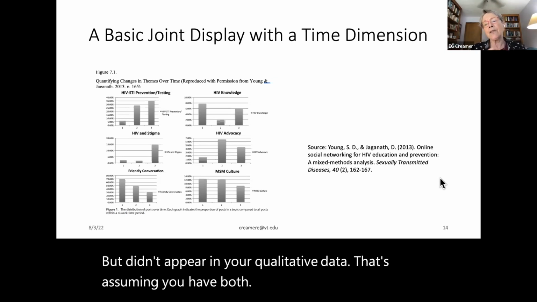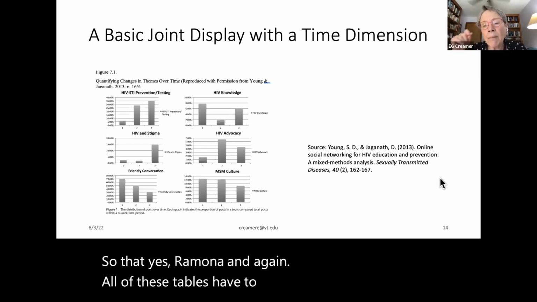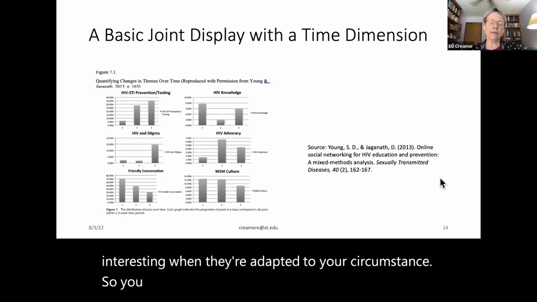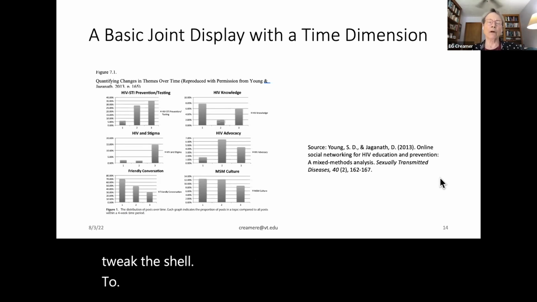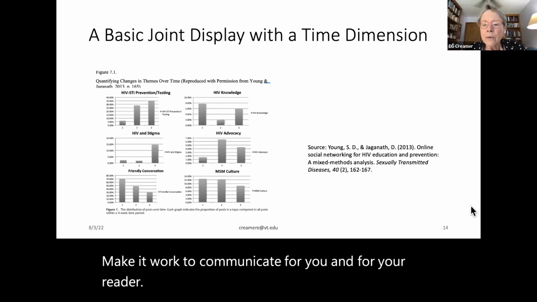So yes, Ramona, and again, all of these tables have to be adapted and become interesting when they're adapted to your circumstance. So you start with this idea of a shell, and then you tweak the shell to make it work for you, make it work to communicate for you and for your reader. That's a really good question.